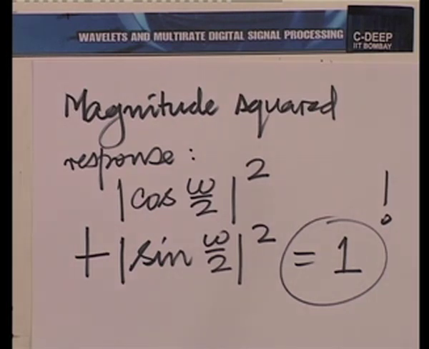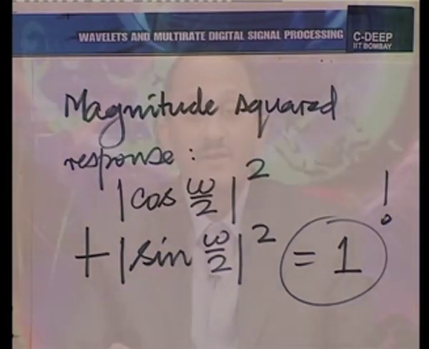Not only does it happen that when you add the two responses together, you literally took 1 plus z inverse by 2 and 1 minus z inverse by 2, the actual frequency response is irrespective of z. In fact, you did not even need to substitute z equal to e raised to the power j omega. You just added the system functions together and you got 1.